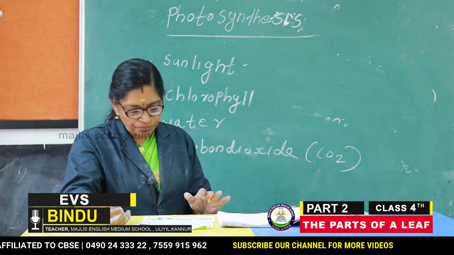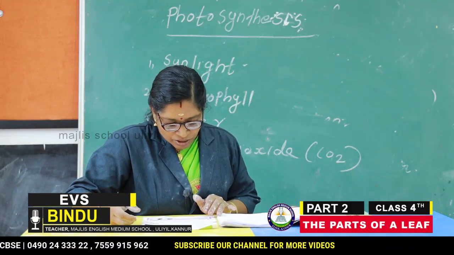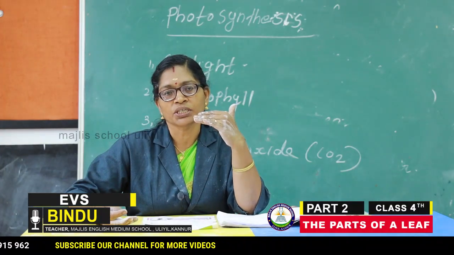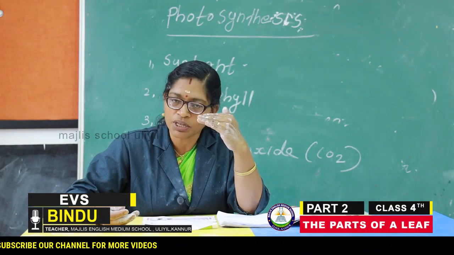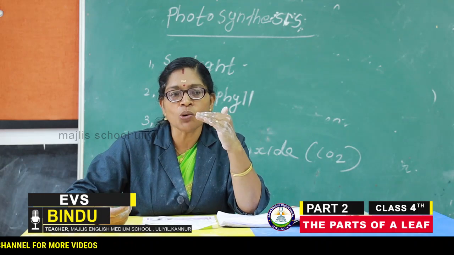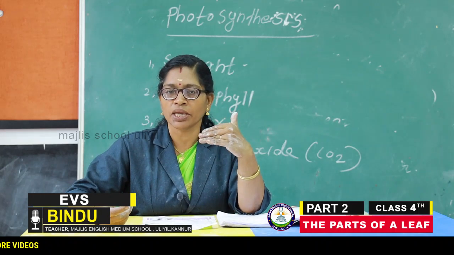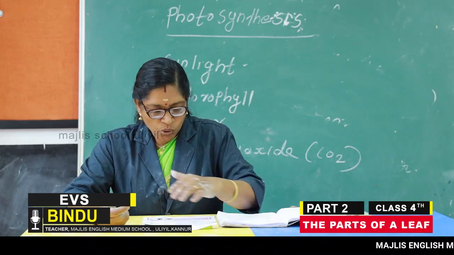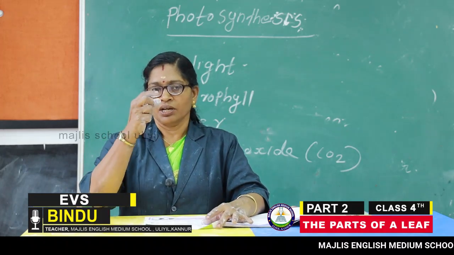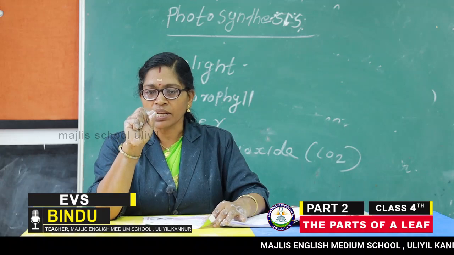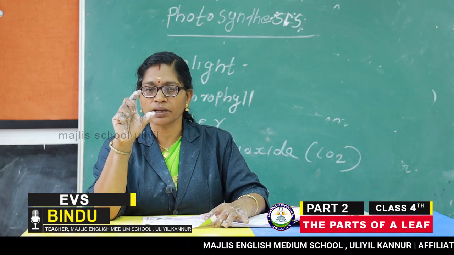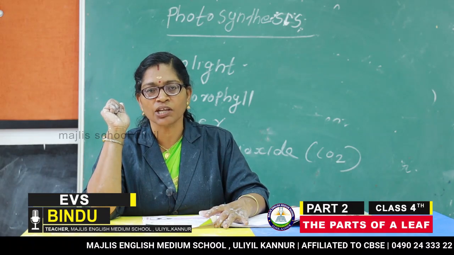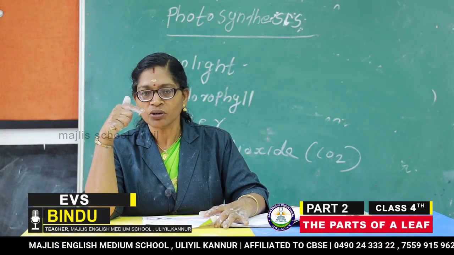Okay. Then, how do leaves make food? I will explain very briefly how leaves make food. I already told you about the leaf, stem and roots. These are the main parts of a plant. You remember that? Okay.